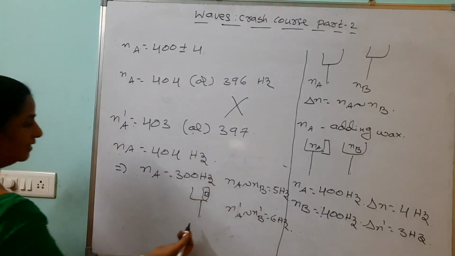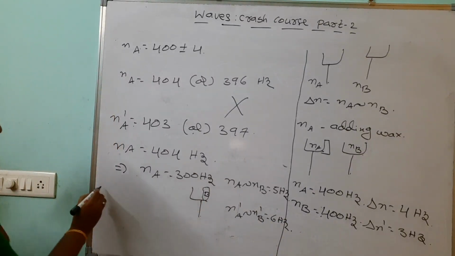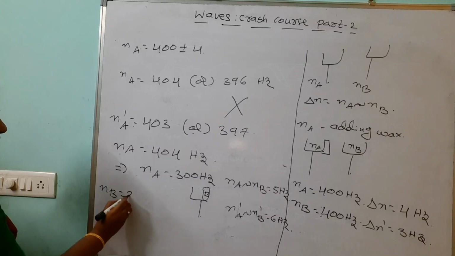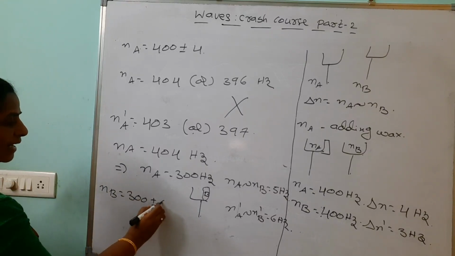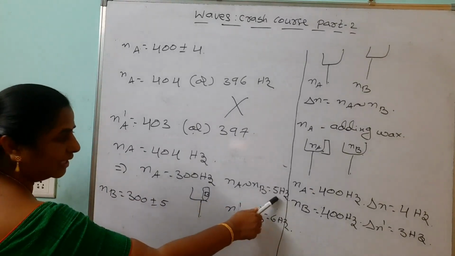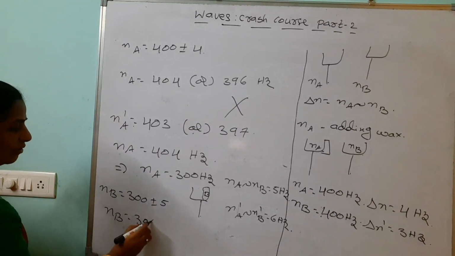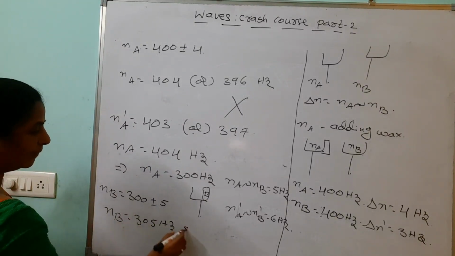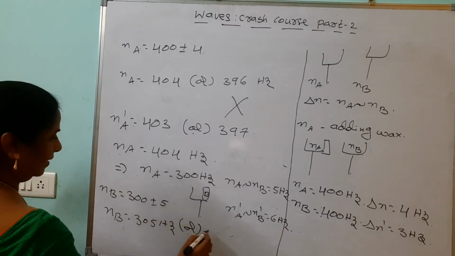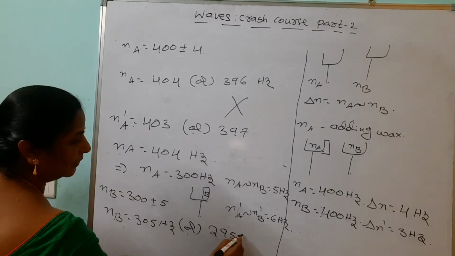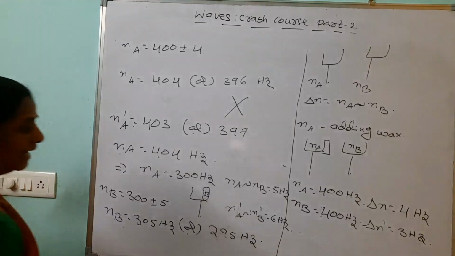Find the frequency of NB. So NB value is how much? 300 plus or minus 5. Don't take this one; only the original we can take. So NB equals 305 Hertz or 295 Hertz. How do we find which is the right one?